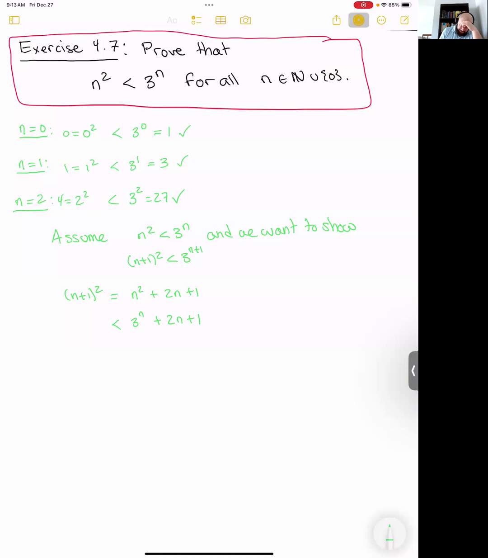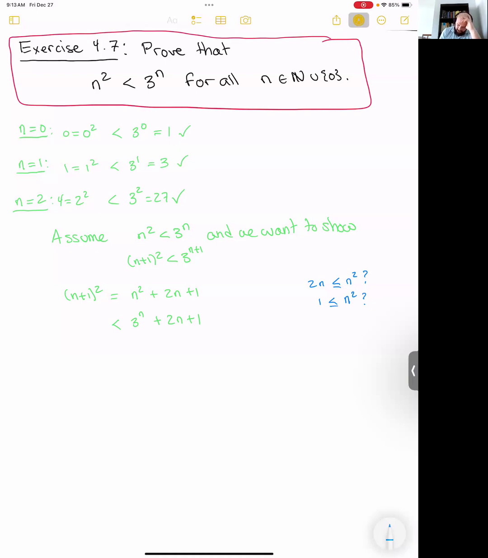Now, the problem with that, possibly, is that 2n isn't always less than n squared. So when is 2n less than n squared, and when is 1 less than n squared? Let's do less than or equal to, because we already have a strict less than in our inequality.